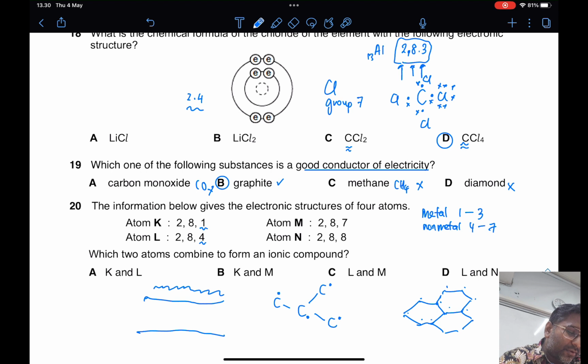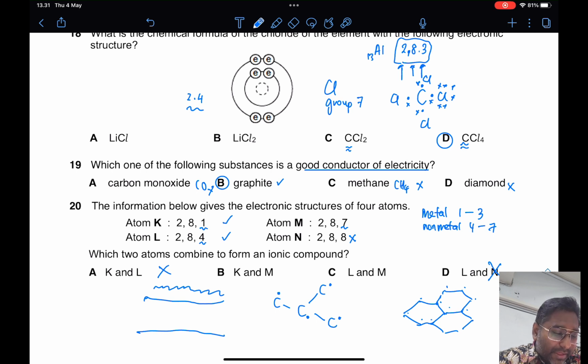You just look over here: 4 valence electrons, 7 valence electrons, 8 is totally out of the question because it's a noble gas, inert, group 18. N will not be the answer, so even though you see N, it's automatically out. If you have K and L, you see metal and something, so definitely cannot.